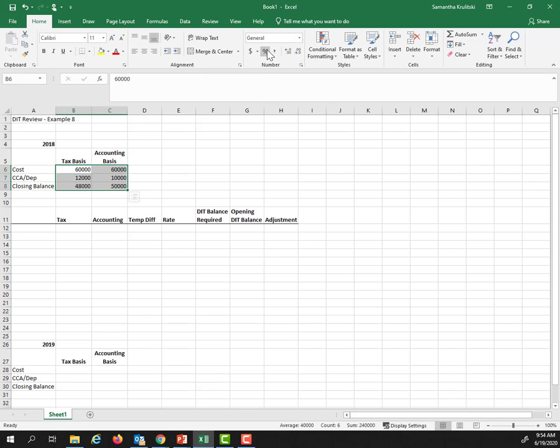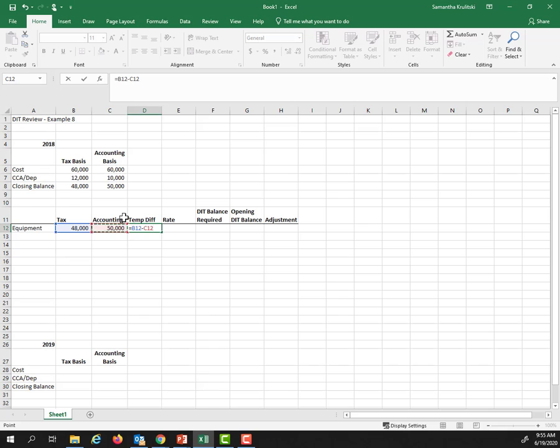I'm just going to format this so it's a little easier to look at. We can see that there is absolutely a difference. Our tax basis is $48,000, and our accounting basis is $50,000. Really important to keep our debits and our credits straight. Our temporary difference is calculated by taking the tax basis less the accounting basis. Our tax rate, this is example number 8 in your notes, is 40%.